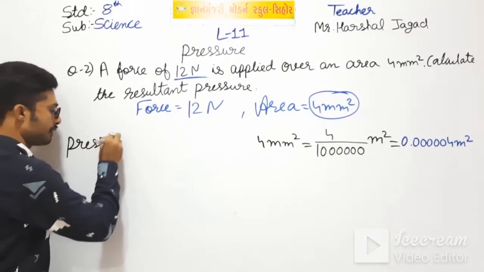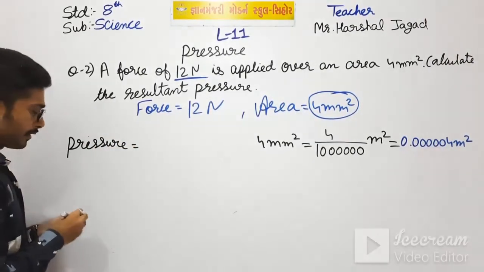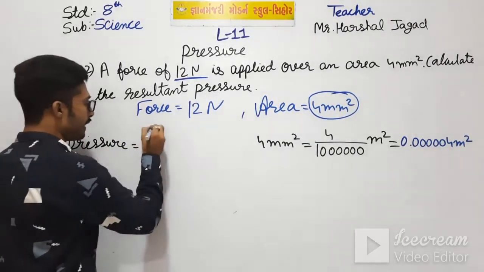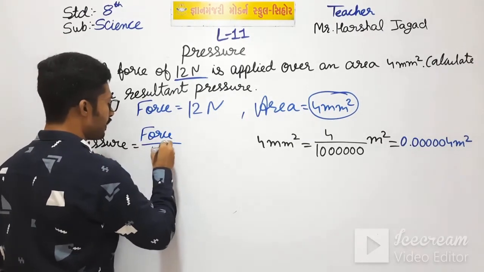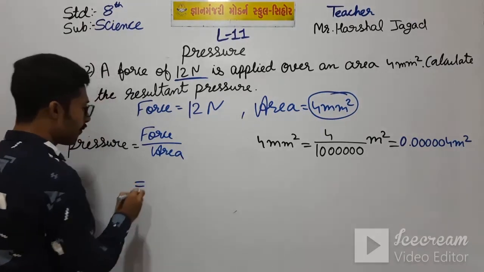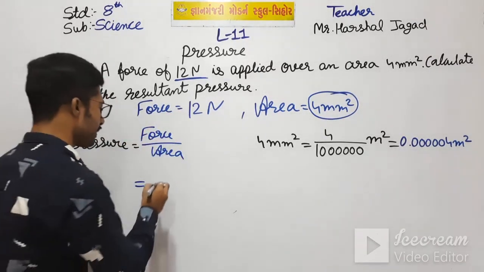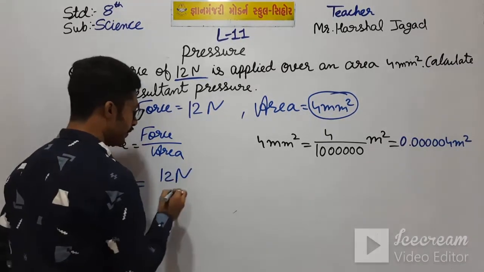Okay students, now we just have to put the value. Pressure is equal to force per unit area, force upon area. Here the value of force is 12 Newton.